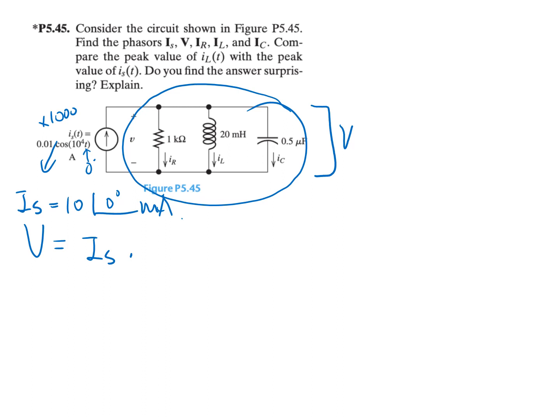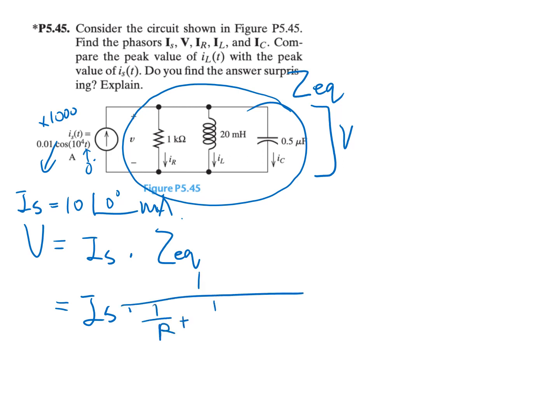We can combine all of these three elements to get an equivalent impedance. That's the equivalent. And equivalent impedance is exactly just 1 over R plus 1 over J omega L plus 1 over J omega C. And we can simplify this. It's just J omega C. And we then substitute the value.